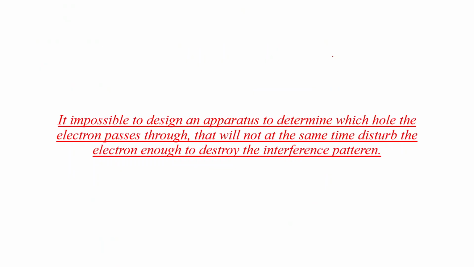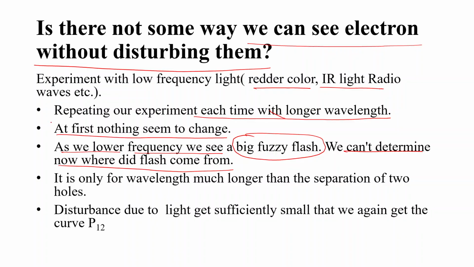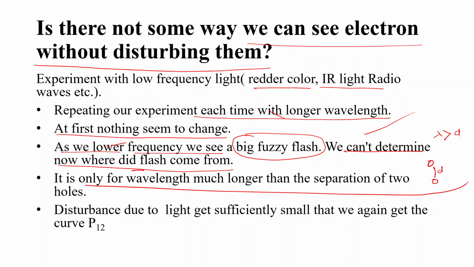It is only for wavelength much longer than the separation of the two holes. So if hole 1 and hole 2 are separated by, let's say, length d, and lambda is greater than d, then this point is correct for this situation.